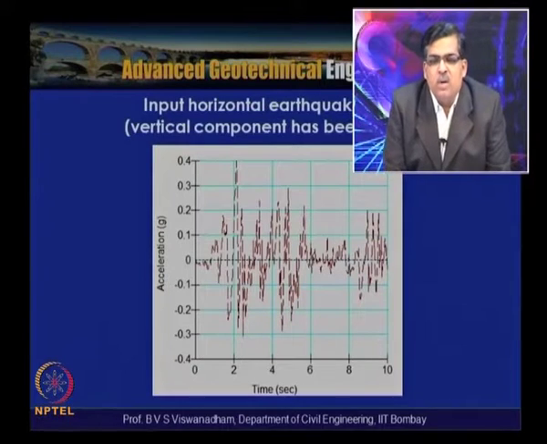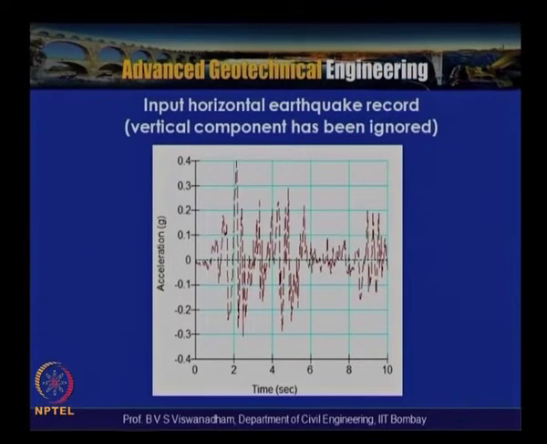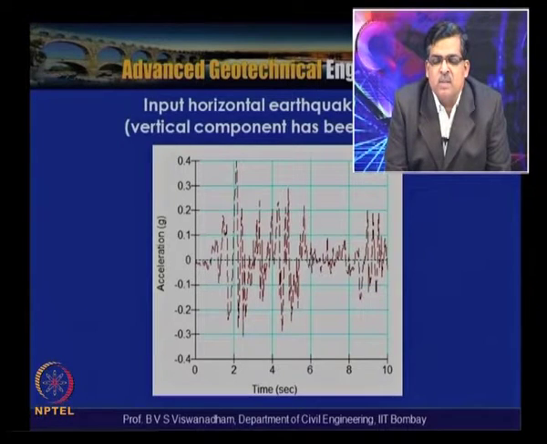And this is the input horizontal earthquake record, and the vertical component of acceleration has been ignored. So here with time in seconds and acceleration, this motion is given as an input for estimating the effect on the displacements, and subsequently the factor of safety was calculated.